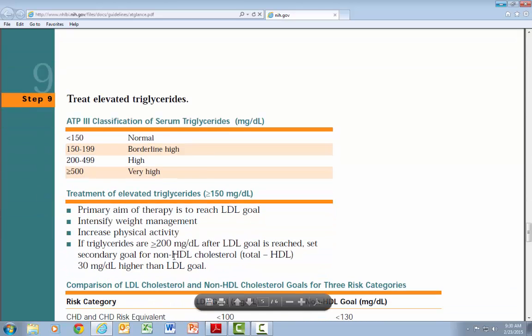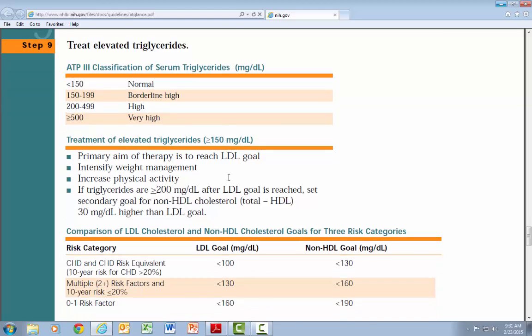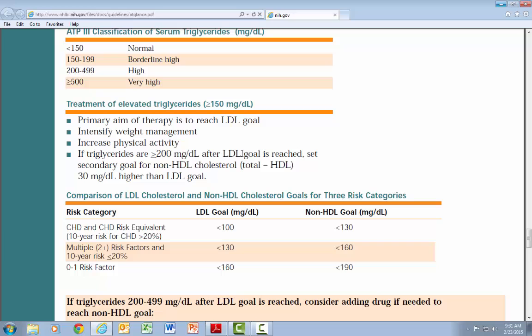Now, to discuss a little bit about triglycerides, remember that triglycerides must be less than 150, okay? There is a high risk of mortality when the triglycerides are greater than or equal to 500. So if you try to interpret this, when the triglycerides are greater than 150, it doesn't really matter.